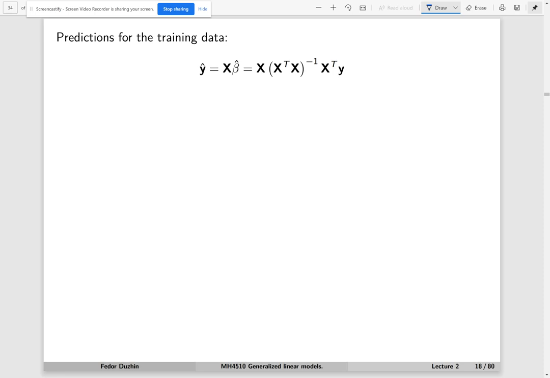So this is going to be important later, but now let's see that, in order to construct predictions for the training data, we just need to take X times beta hat, where beta hat is the value of beta that minimizes the loss function. So it is the arg minimum of the loss function.